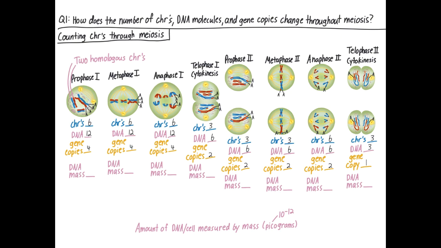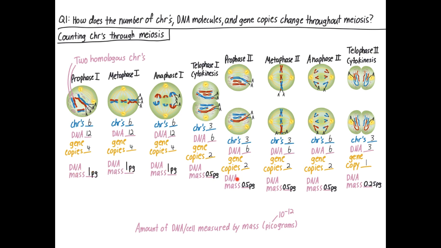For example, if we know that there is 1 picogram of DNA in a prophase 1 cell, then there will also be 1 picogram of DNA in metaphase 1 and anaphase 1 cells, and 0.5 picograms in each cell after telophase and cytokinesis. Same for prophase 2, metaphase 2, and anaphase 2, with each cell after telophase 2 and cytokinesis having now 0.25 picograms per cell.